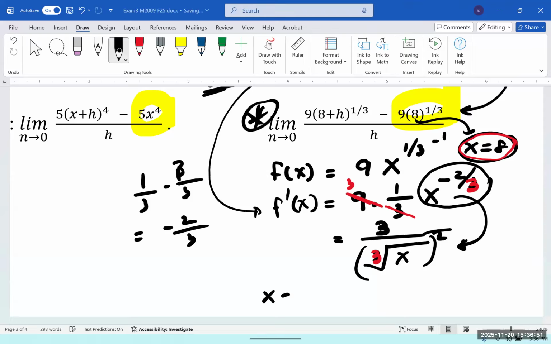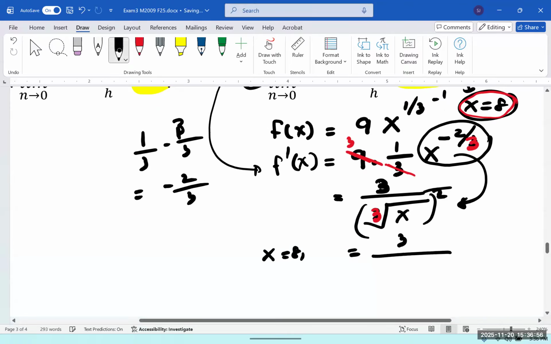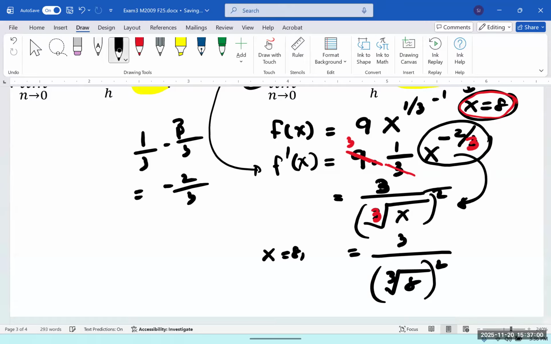So you apply x with 8. You get 3 divided by cube root of 8 squared. What is cube root of 8? 2. So what is 2 squared? So your answer should be 3/4.